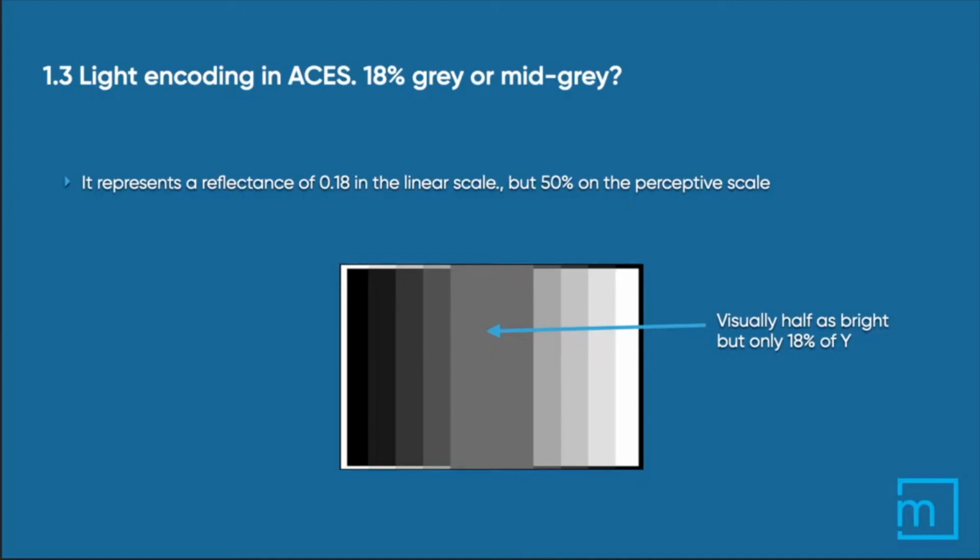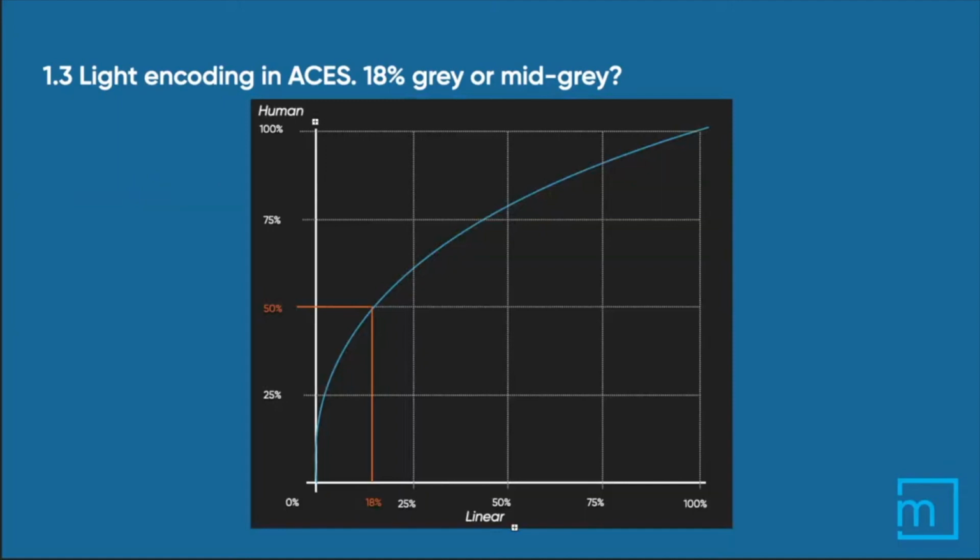ACES at its core is based on linear light, the physics of light, and uses logarithmic encodings for ease of operation, using a perception model, which we're going to see later on. There is a way of relating one to the other, and it is using mathematics. And this is something that we were discussing yesterday in our rehearsal with Ed.